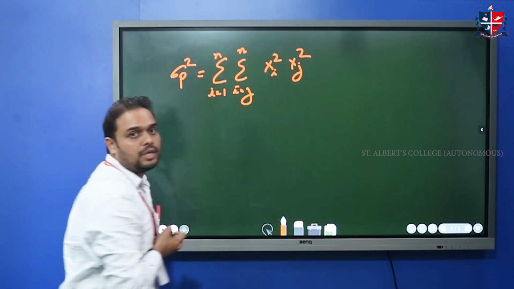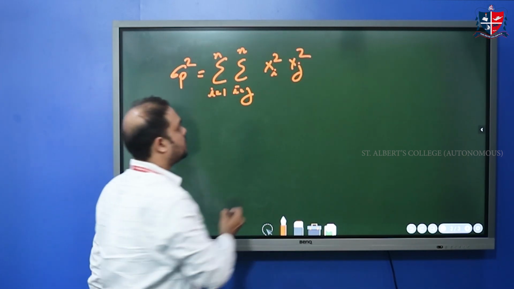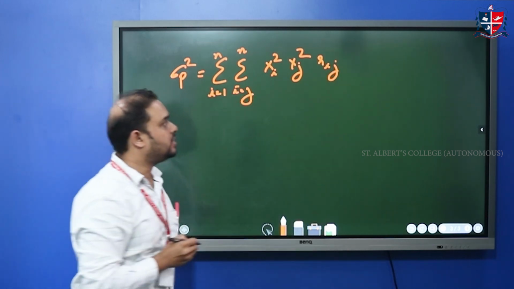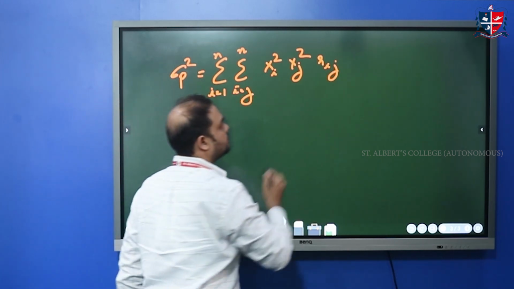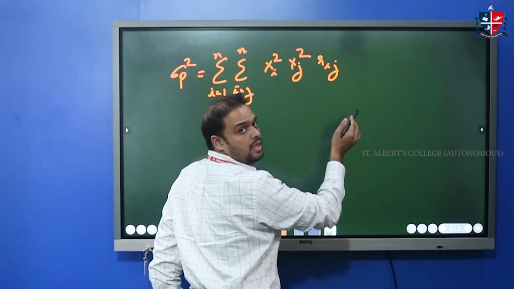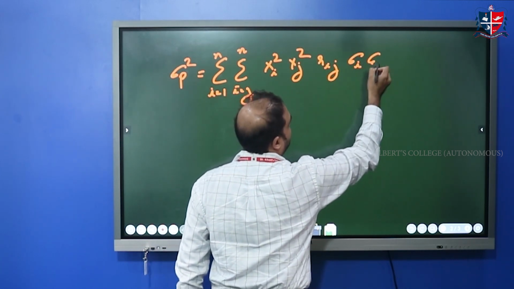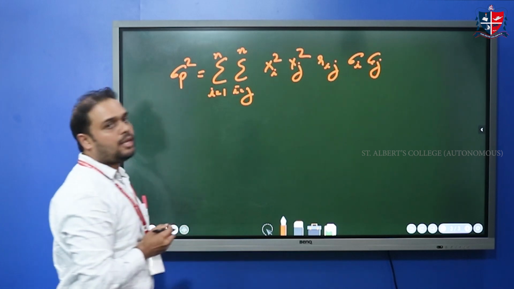These are the 2 stocks that we have, i and j, times Rij, the correlation coefficient between i and j, times the standard deviation of i, standard deviation of j. So you can do the same exercise here also.